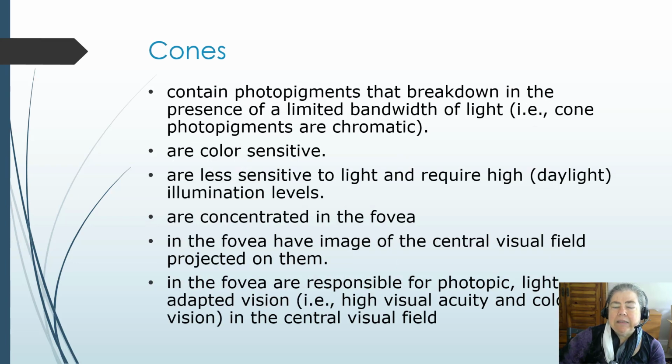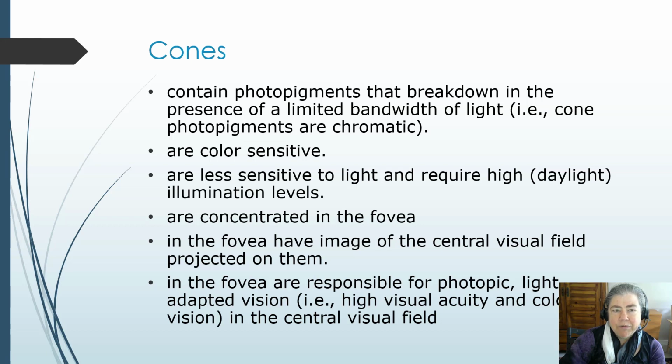So there's more photopigment, it's more sensitive photopigment, and it's less specific concerning bandwidth. So rods are very sensitive to light, and they don't need a lot of light to fire. In the peripheral retina, you have almost entirely rods. So they are extremely sensitive to light, but they are completely insensitive to color, and they're not great for acuity. But rods are what help you see at night. If you don't have rods, you can't see at night.